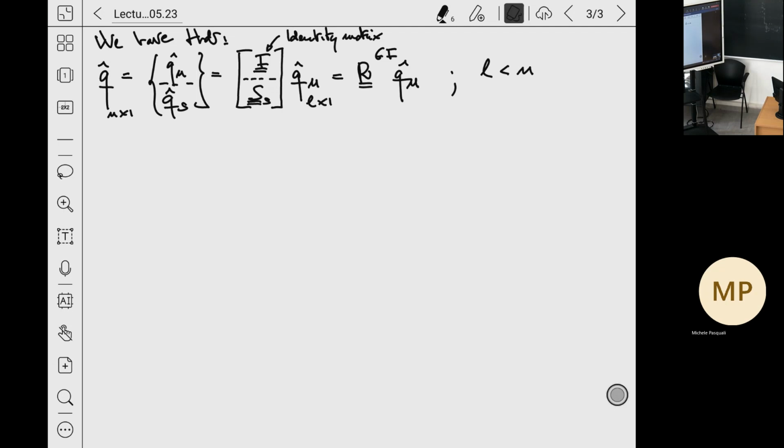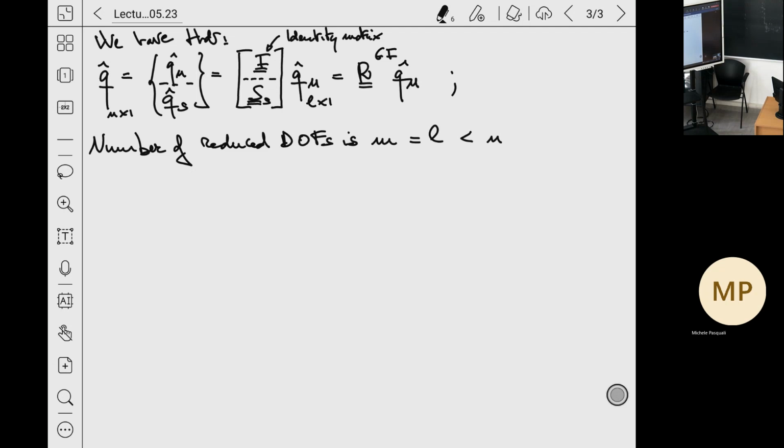So in fact, if you want, since we have introduced the reduced number of degrees of freedom as M, so we have the number of DOFs is M. You remember we introduced it as M. And in this case, M is equal to L, which is smaller than N. Okay, so in this case, the reduced number of coordinates of the model exactly is equal to the number of coordinates associated to the master nodes.